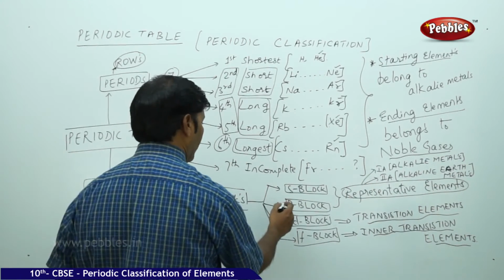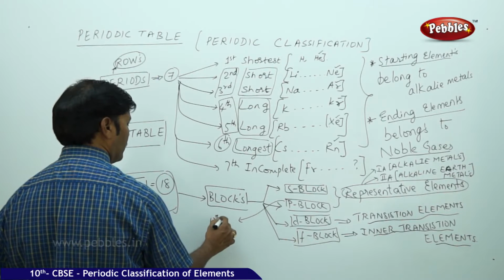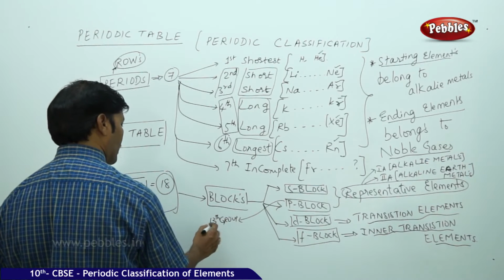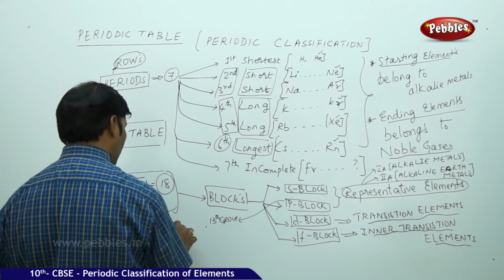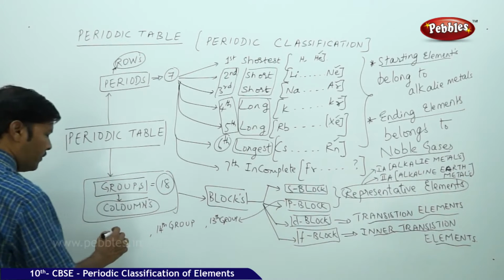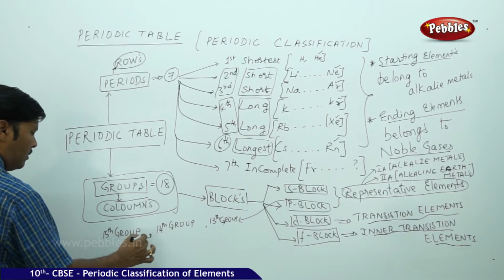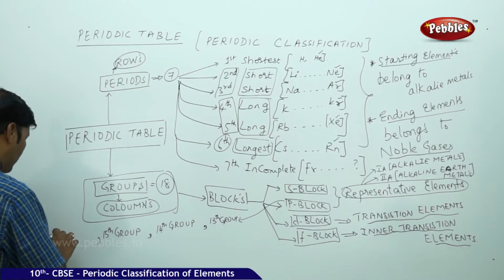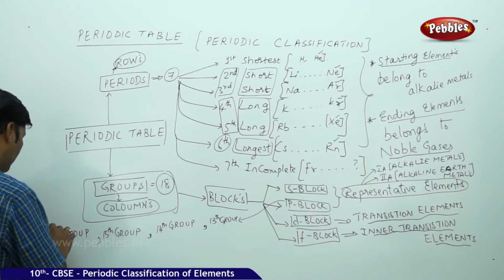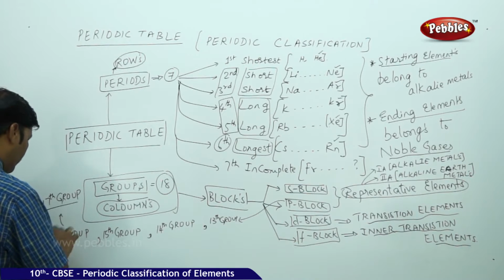Likewise, the P block is made up of the 13th group, 14th group, 15th group, 16th group and 17th group.